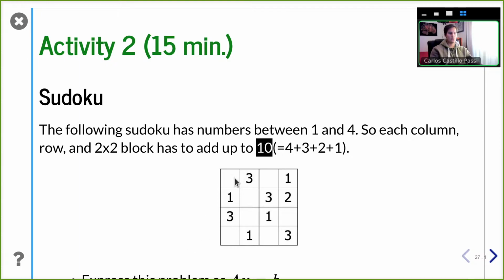In the Sudoku, you also have that the rows need to add to 10, the columns need to add to 10, and so on. So maybe you want to try to program this with matrices and solve the linear system. You can do it as a mini homework, but I'm sure you have enough with the regular homework. So maybe let's show the solution of this activity in the next TA.